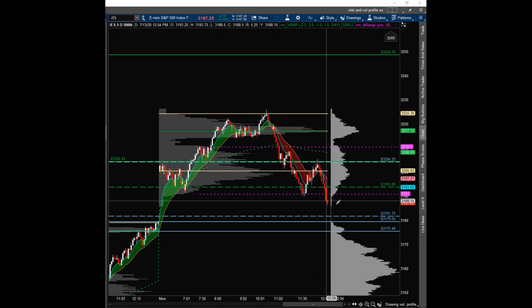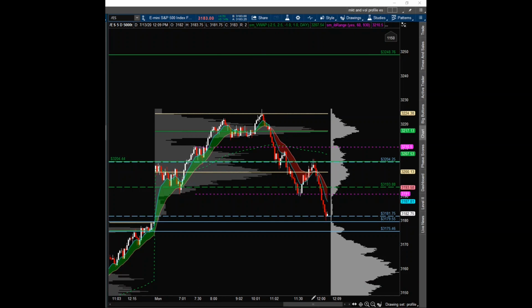So right now it seems like it might be targeting the overnight low. So we basically want to keep an eye on this 31.81.75 before it takes out the market profile poor low at 31.79.75.